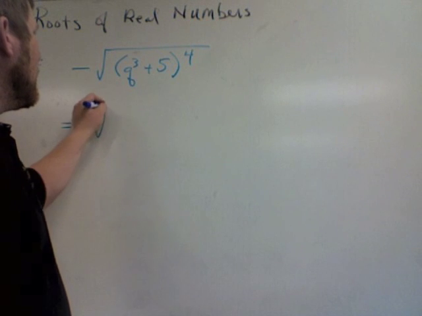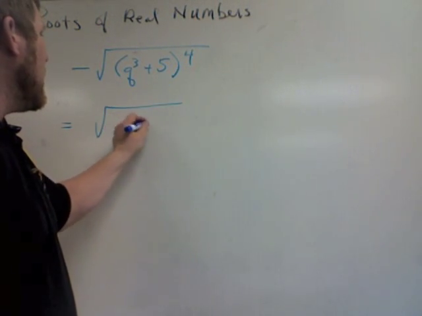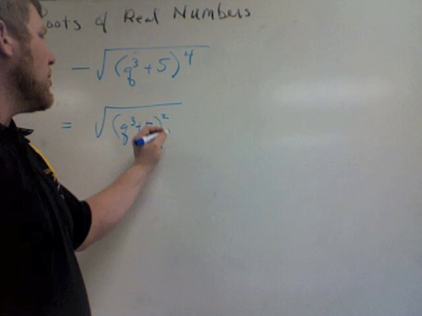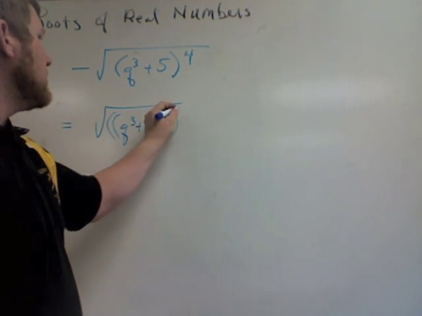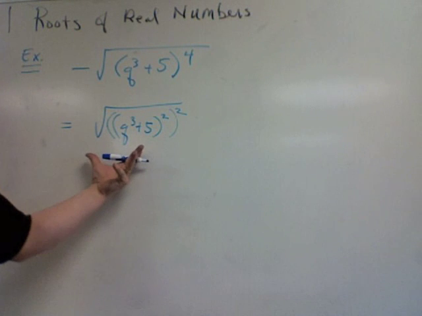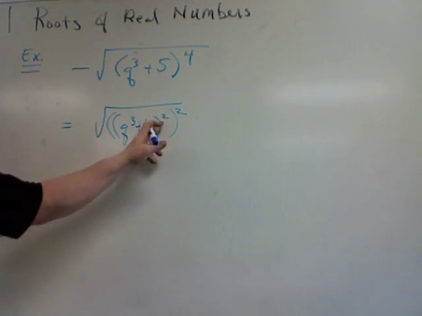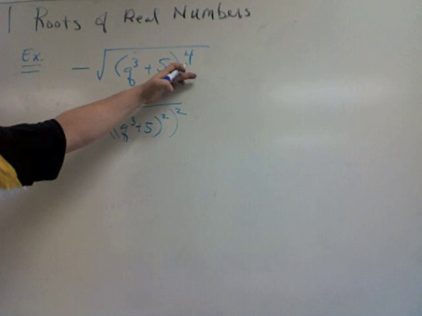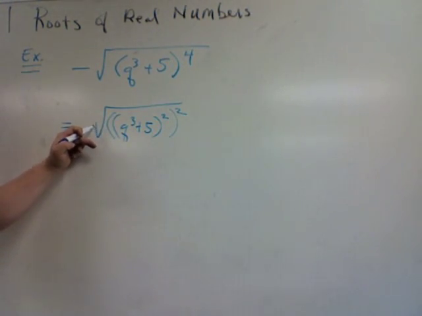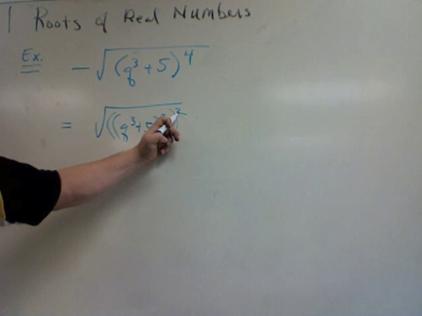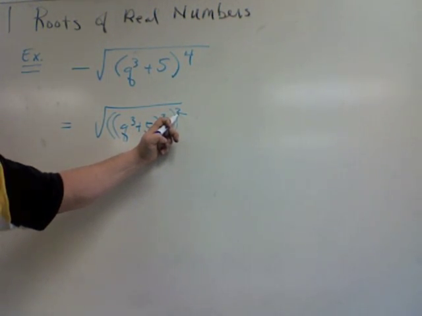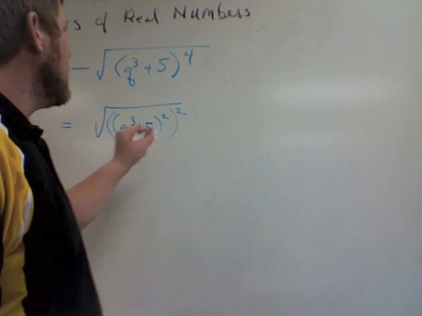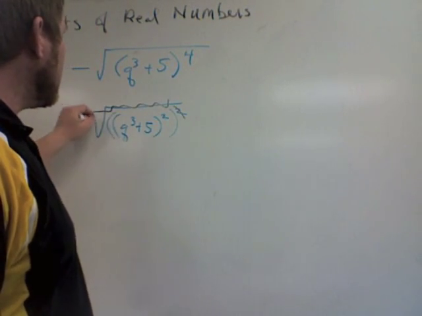The square root of the quantity q to the 3rd plus 5, squared. Does that make sense? A power of a power: if I simplify this inside, I'd get this back right here. Notice what happens: the square root and this squared cancel each other out. So, using a different color here, I cancel those out and squiggle that out.